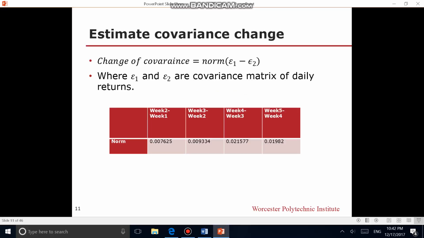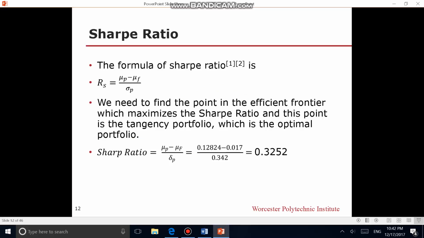Here we use the second norm to calculate the change of covariance. That is, use one covariance minus another covariance and take their norm as the change. We calculate 4 changes, and the change is not so large.